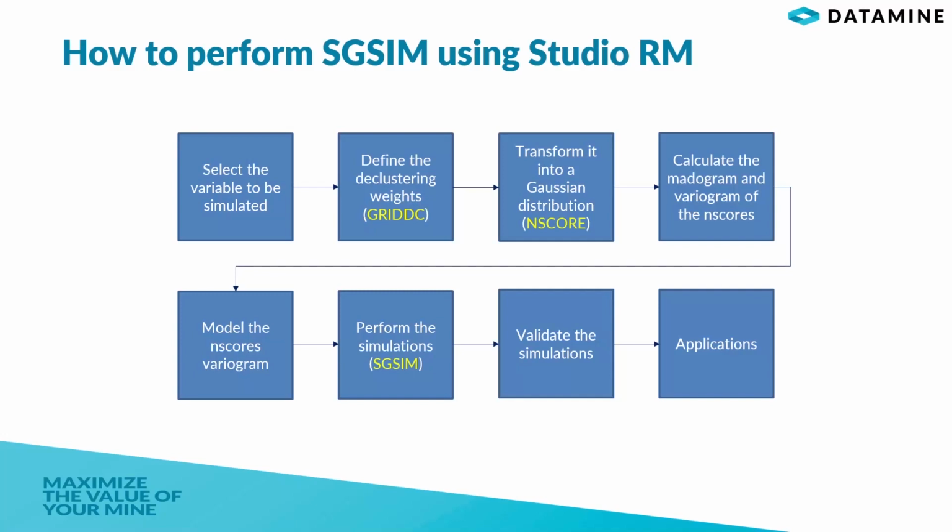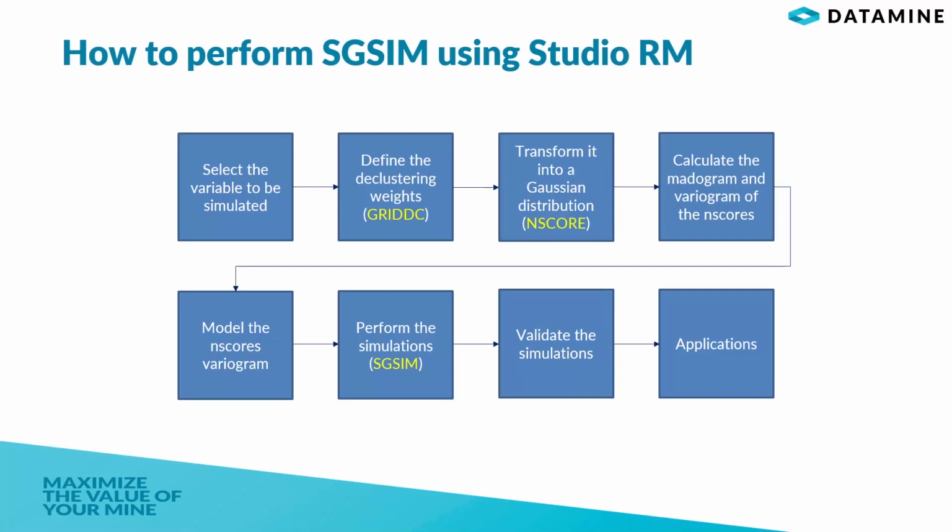If it has some preferential sampling, we must consider the declustering rate, because this method is very sensitive to the initial distribution. So you need to be sure we have the best, or the most representative, distribution for our variable. The next step is to transform this original distribution into a Gaussian distribution.